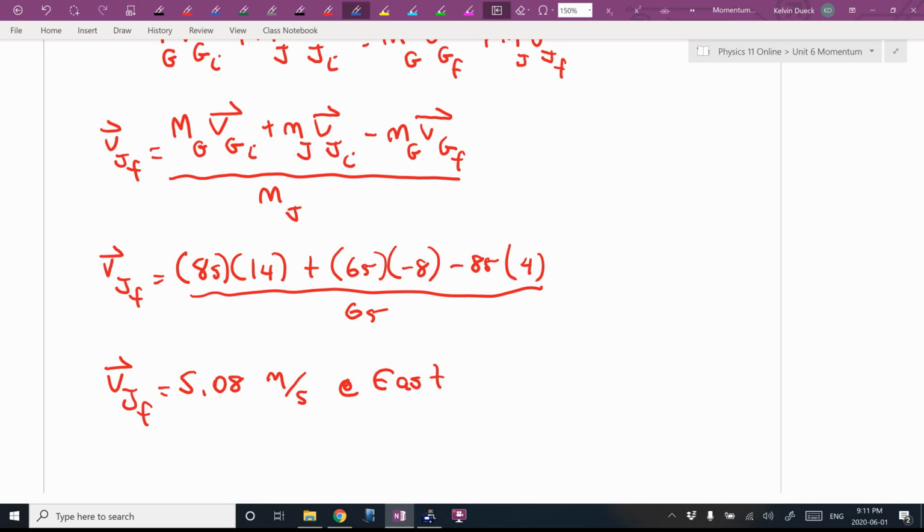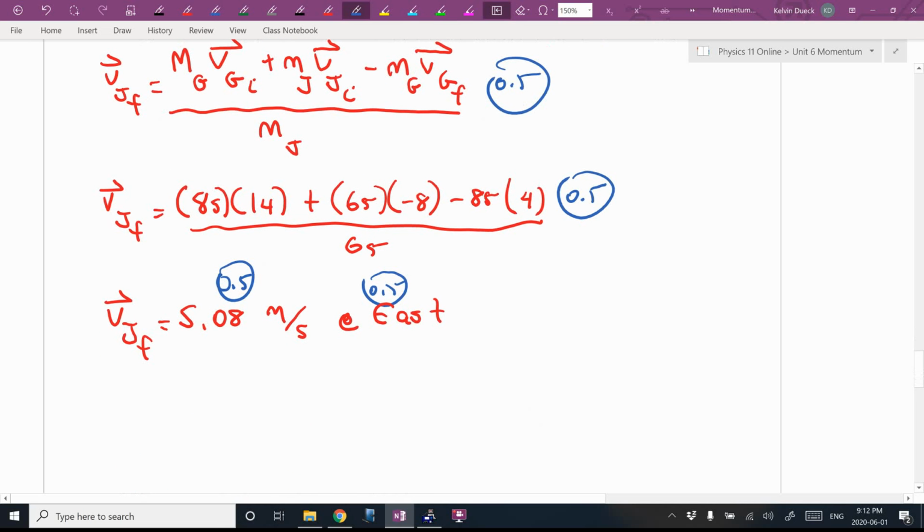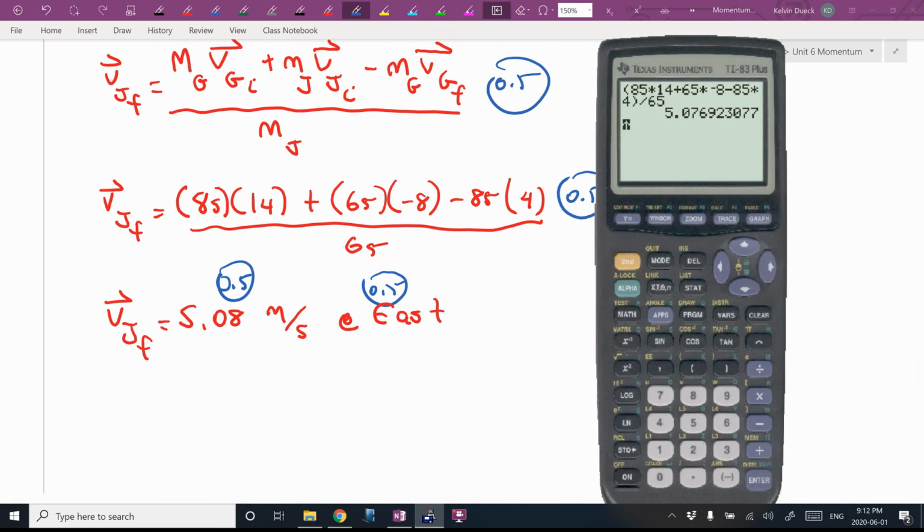If you got that, 3 out of 3. Otherwise, I would give you half mark for the answer, half mark for the direction. I would give you a half mark if I saw that, half mark if I saw that, half mark if I saw that, and a half mark for the numbers. If you missed the change in direction, so you missed that negative, I would give you only half the marks.